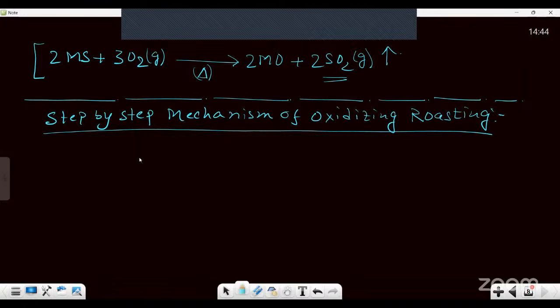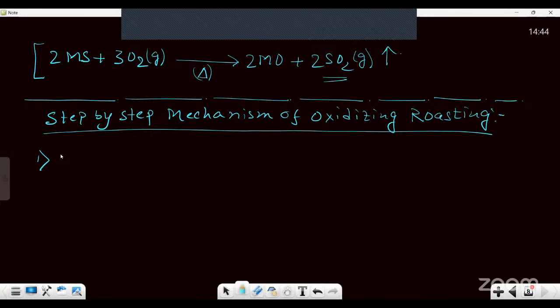In the entire process, you need to understand one thing: feed preparation is very, very important.